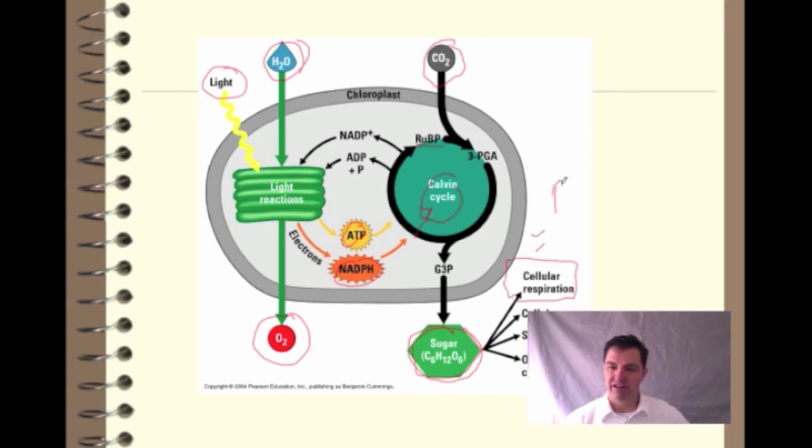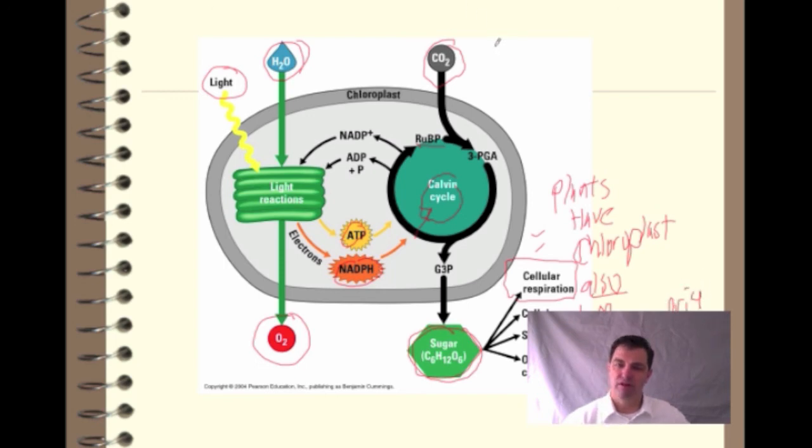So plants have chloroplasts to do this. But plants, once they make the glucose, they still need ATP. So plants also have mitochondria. Keep that in mind.